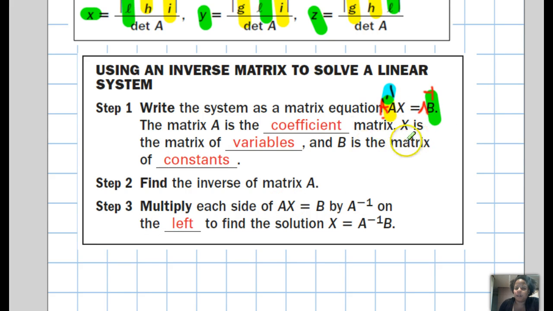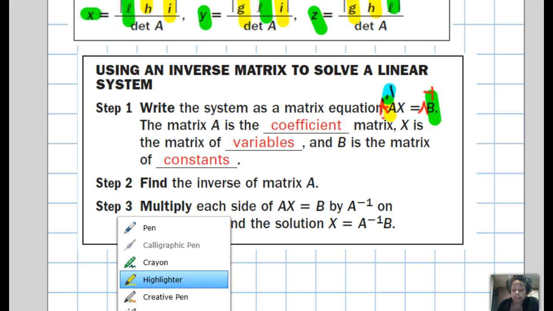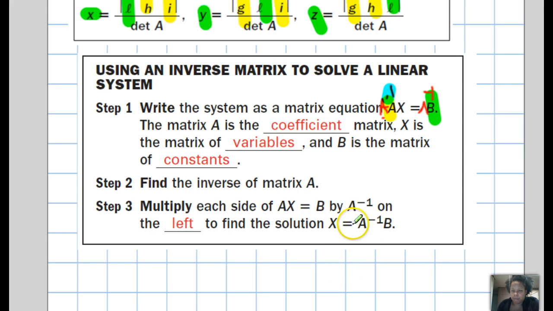So in order to figure out what X is, I get rid of the A by multiplying by A inverse, and I have to do that to both sides. So my X can be found by multiplying the right-hand side matrix B by A inverse. And this only works if the determinant of the coefficient matrix A is not 0.